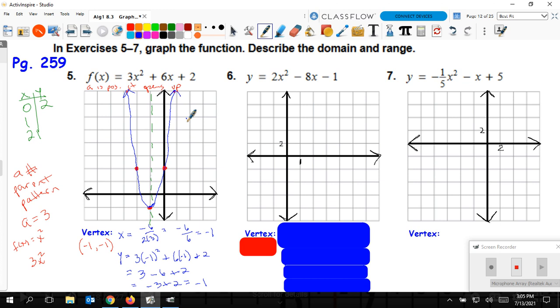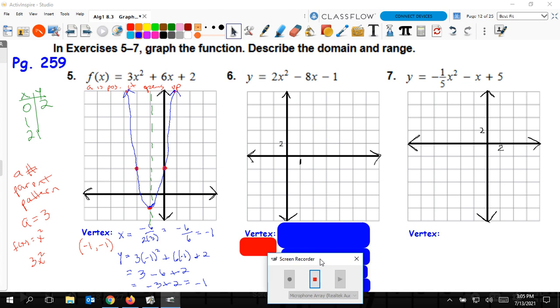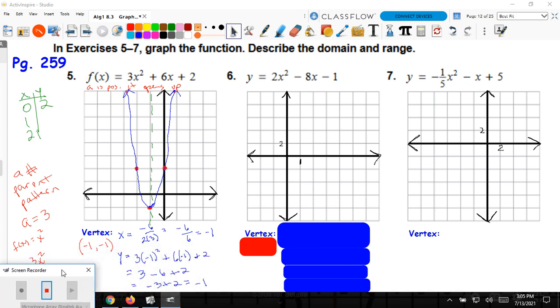All right, let's come to number 7, and I'm going to have you try number 6 on this one. So same thing we need to do is find the vertex first. So finding the vertex, start with x equals the opposite of b.